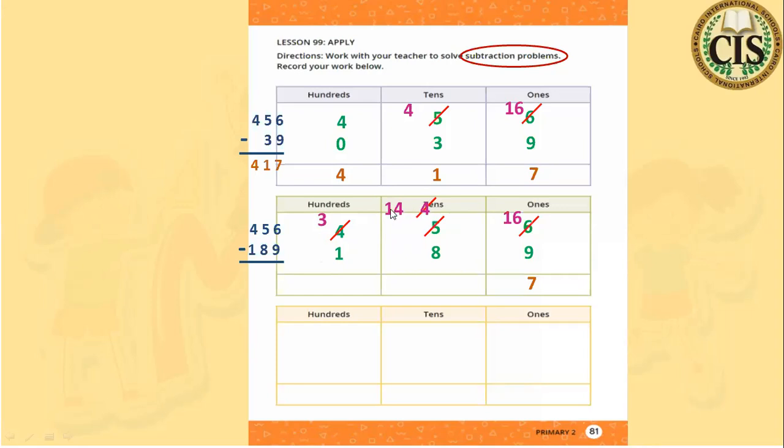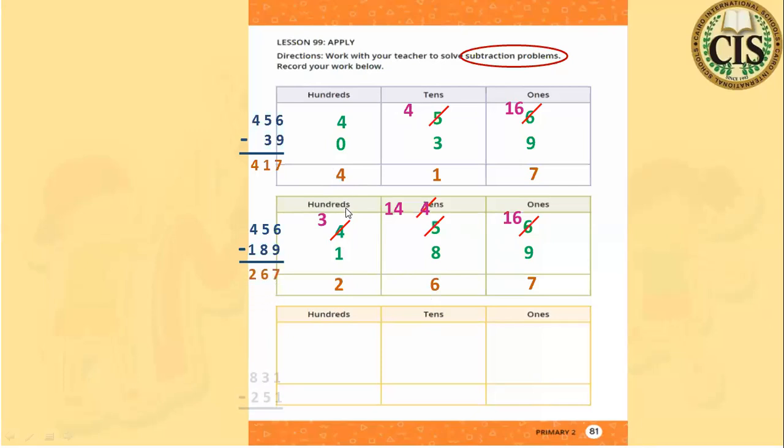So now I have more on the top. Let's subtract easy. 14 minus 8, after 8: 9, 10, 11, 12, 13, 14. How many fingers? 6. Very good, Yalayan. Excellent. 3 minus 1 equals 2. 267. Very good. Excellent. All of you excellent.